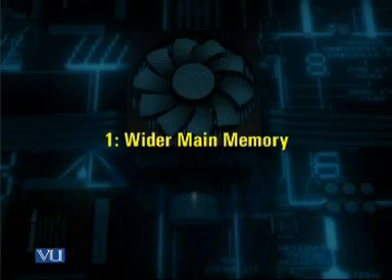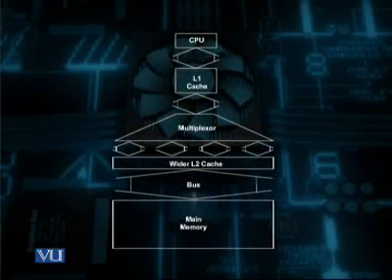Let us have a look at the simple design of a wider memory. Here, the organization of a 4-word wide memory is depicted, where a 4-word wide L2 cache is used with the narrow 1-word L1 cache. That is, the level 2 cache, which is interfaced with the main memory, is wider, whereas the level 1 cache, which is interfaced with the CPU, is narrower.